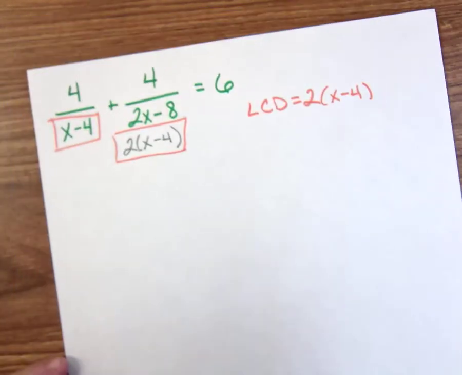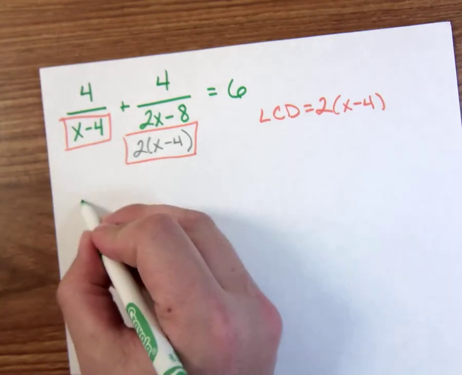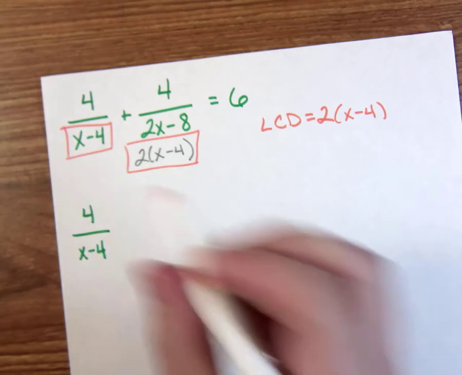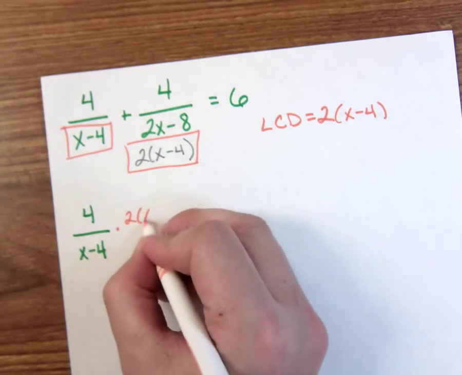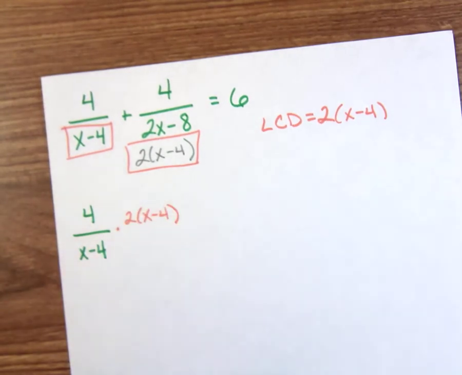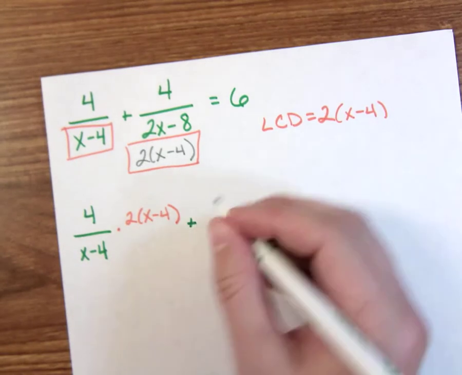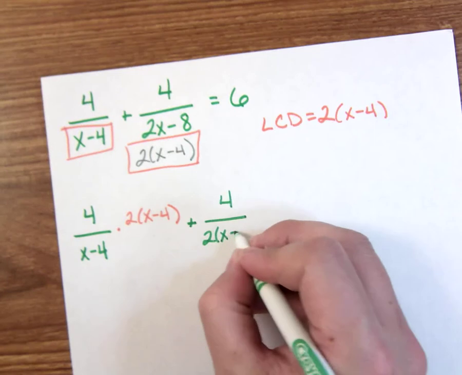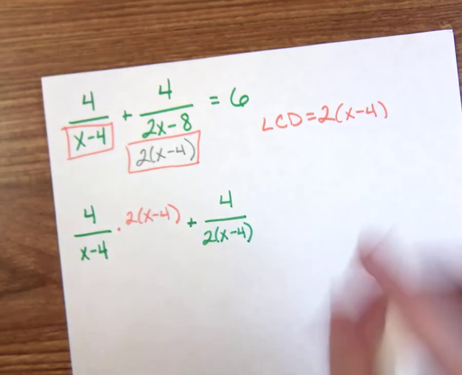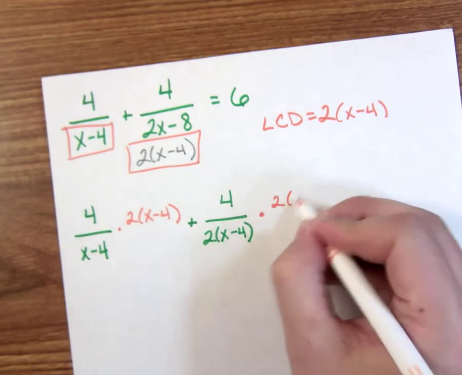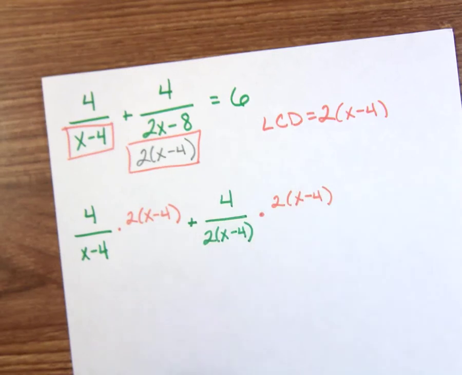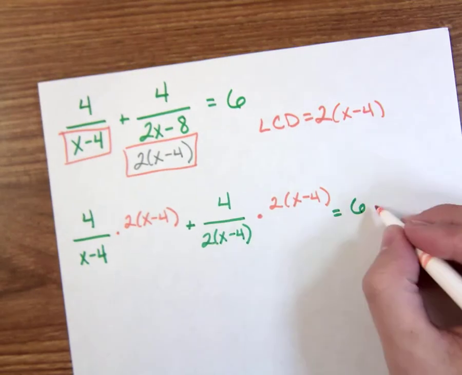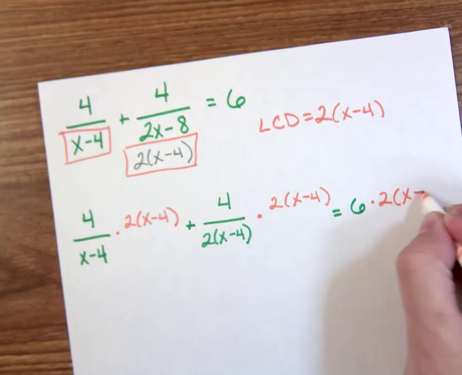This is going to look a little gross, but don't be scared. That thing gets multiplied by 2x minus 4, plus the next thing. I'm going to write this with its factored denominator. That gets multiplied by 2x minus 4. And it equals 6. That gets multiplied by 2x minus 4.